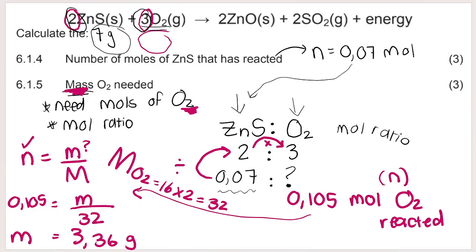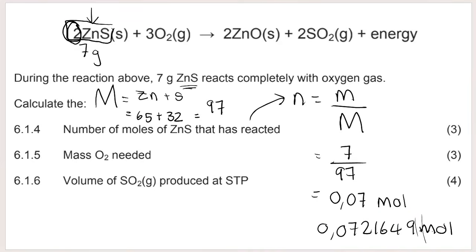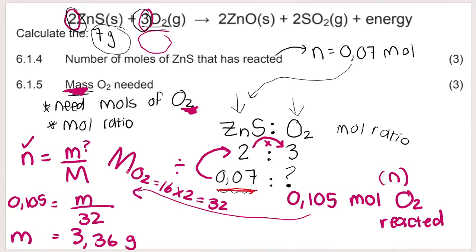Now, just as a disclaimer, if any of you have done this paper before, or you go look at the memo, your answer may be slightly different depending on your mole value that you used over here. So remember in 6.4.1, we calculated the number of moles of zinc, and I rounded it off to 2 decimal places. And I said you could round it off, or you could keep all of these decimal places. So if you decided to keep all of these decimal places, then you're not going to have 0,07 over here in your ratio.